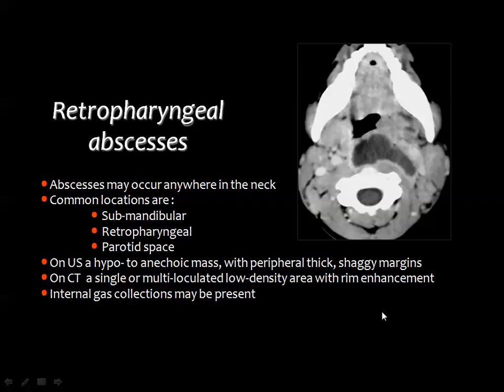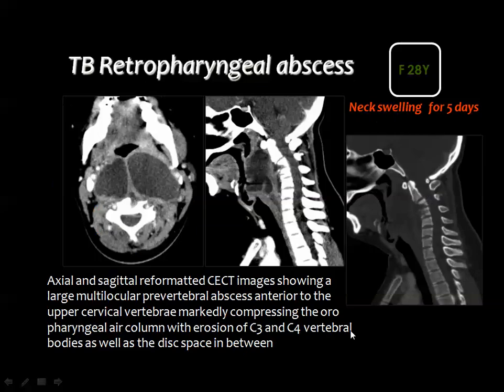And the CT scan is the diagnostic modality of choice for evaluation of the size and the extension of the abscess, and also if there are internal air loculi and associated complications. And this is a retropharyngeal abscess, which is multilocular, of tuberculous etiology.